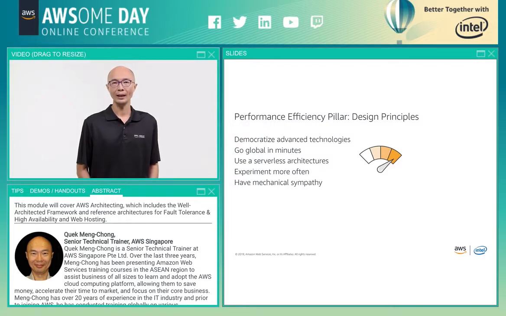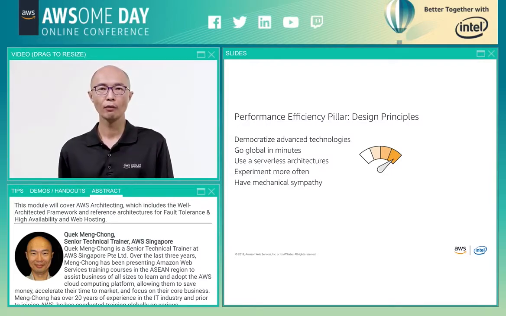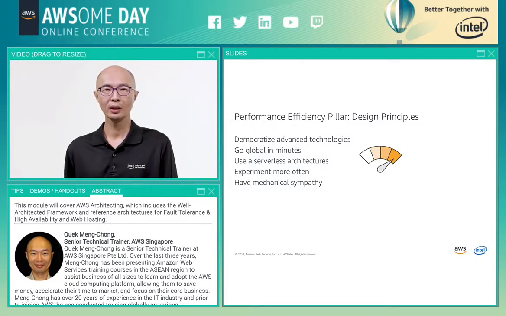Instead of having your IT team learn how to host and run the new technology, they can consume it as a service. Then you have going global in minutes. With AWS, you can easily deploy your systems in multiple regions around the world while providing a lower latency and better experience for your customers at minimal cost.